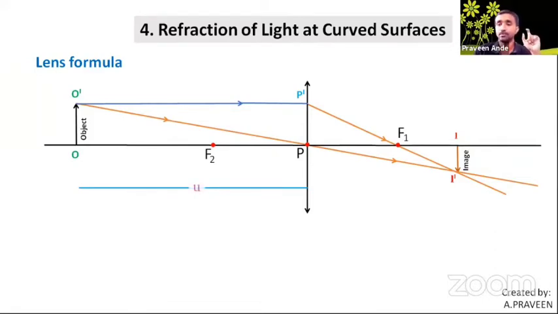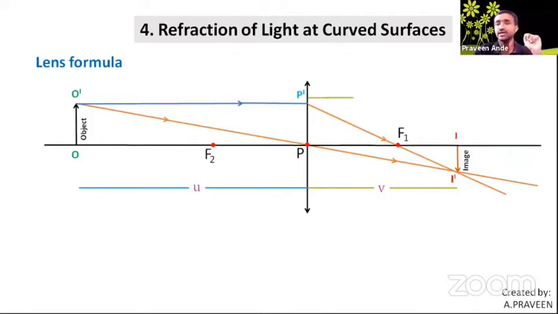On the right side, I am also drawing a line from the pole to the image point, P to I. That PI measures the image distance, denoted by the letter v. The distance between the pole and the object is called the object distance, and the distance between the pole and the image is called the image distance. They are respectively denoted by u and v.